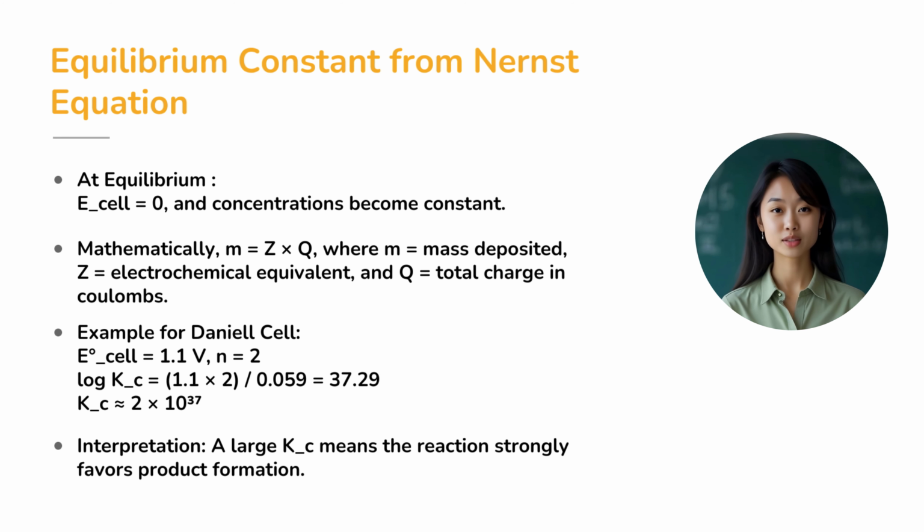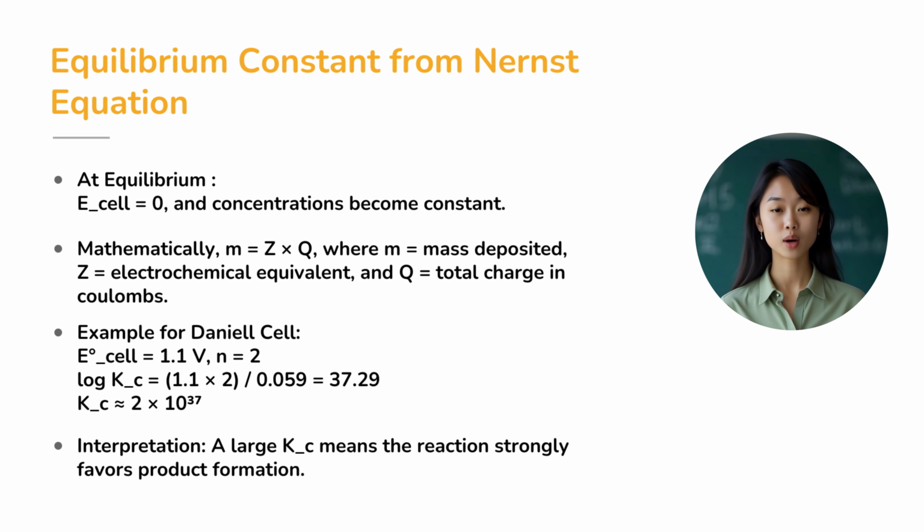Now, what happens when the cell stops producing current? At equilibrium, the forward and reverse reactions balance and the net cell potential becomes zero. From the Nernst equation, if the potential is zero, then the standard cell potential equals 0.059 divided by n times the logarithm of the equilibrium constant denoted by capital K. Let's say the standard cell potential is 1.1 volts and the number of electrons is 2.